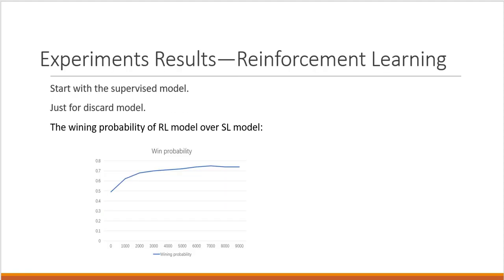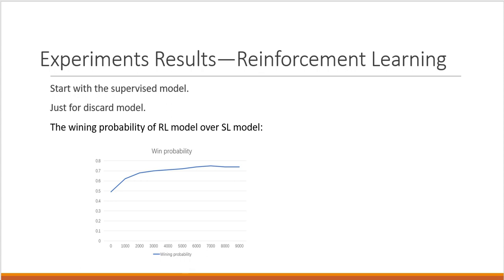For the discard RL model, we trained it starting from the supervised trained model, which saved lots of training resources. This figure shows the winning probability of the RL model over its baseline in real game tests as RL training steps go on.